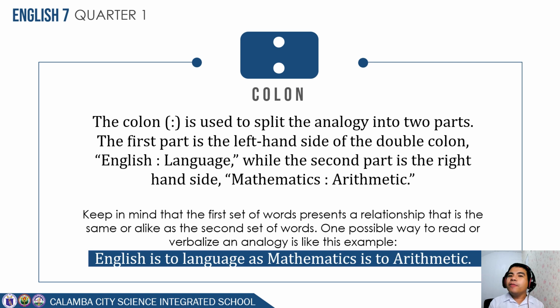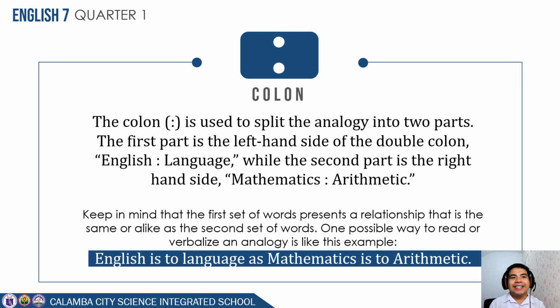Colon plays a very important role in completing an analogy because the colon is used to split the analogy into two parts. The first part is the left-hand side of the double colon: English is to language, while the second part is the right-hand side: mathematics is to arithmetic.